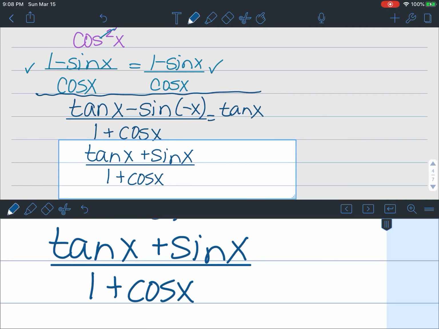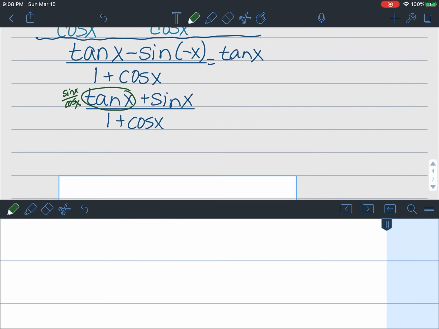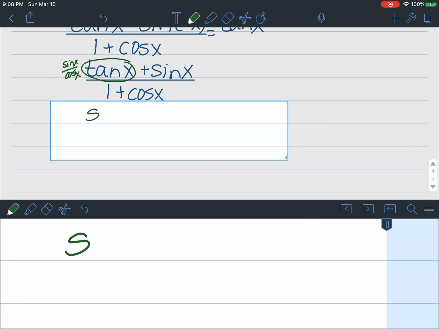My personal thoughts now are to try to change the tangent into sines and cosines, because I really can't come up with anything else right now. So I'm going to take this tangent and change that into sine x over cosine x, one of my old identities.